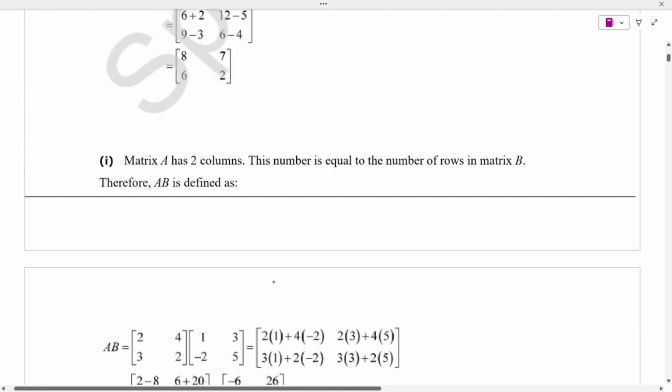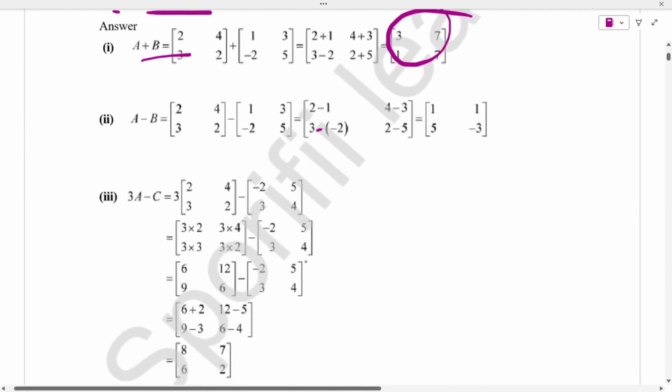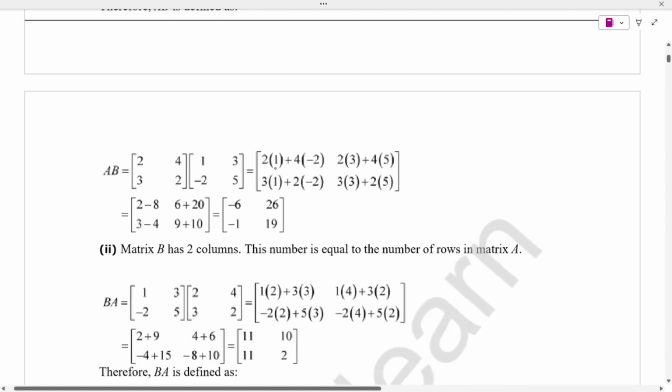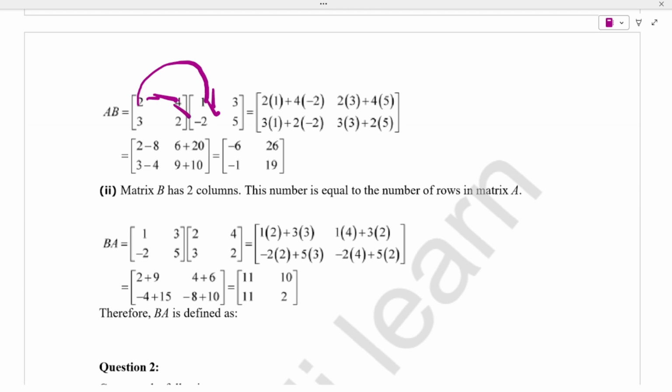Now they have asked us A into B and B into A. You can do the multiplication. A into B will be defined as 2 into 2 plus 4. See, you have to do it like this. 2 into 1 plus 4 into minus 2. This corresponds to this and this corresponds to this.